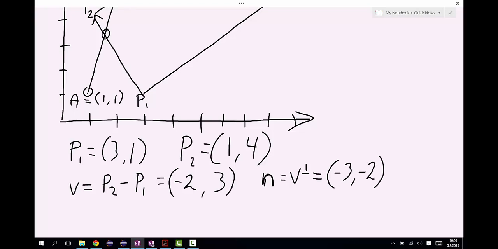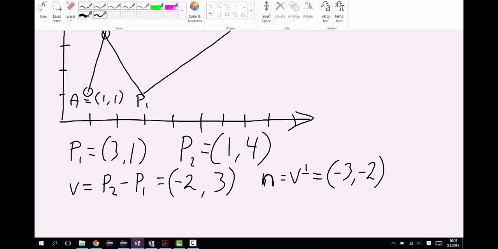We could just as well decide that n is minus v perp if we'd rather use a vector with non-negative numbers. It doesn't matter which normal vector you use.